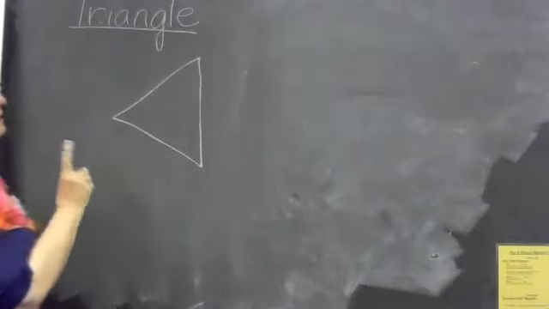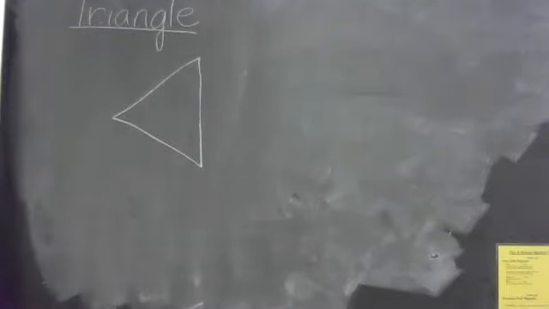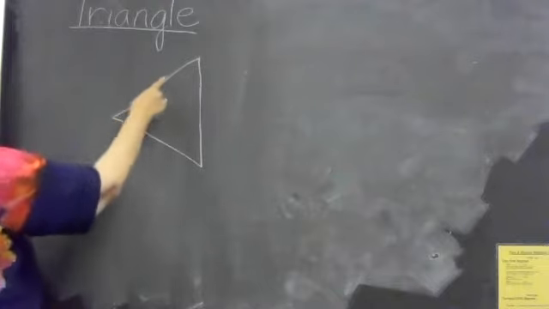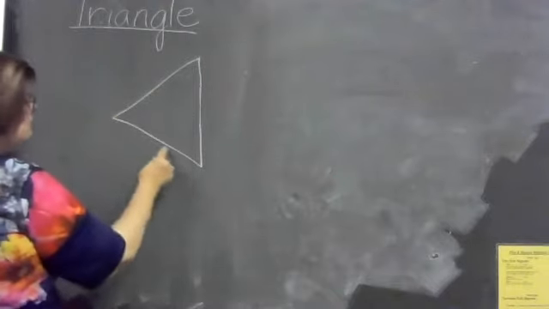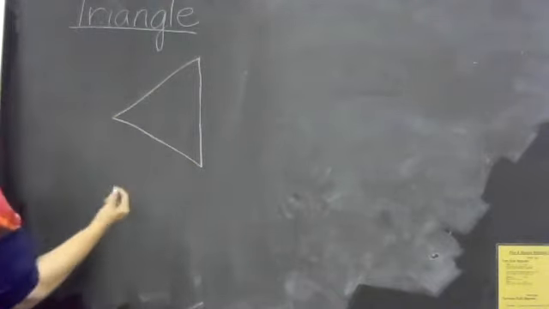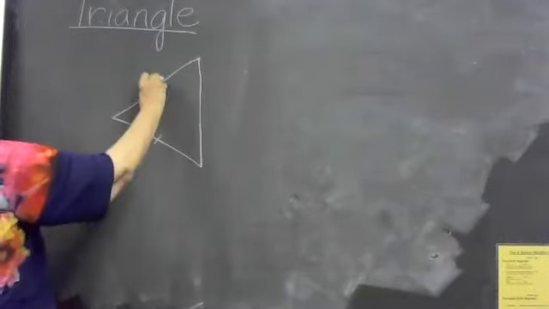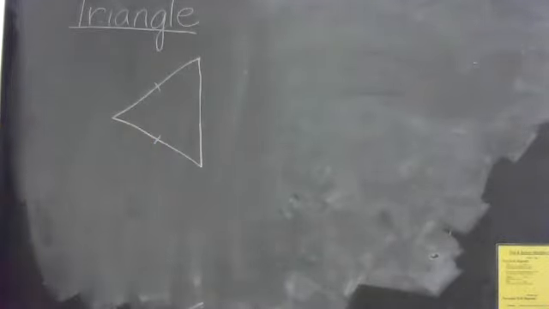Now we're going to indicate equal sides by using tick marks. Okay, so if I wanted to say that the length of this side and the length of this side are the same measurement, 13 and 13 or whatever, then I'm going to use the same tick mark on those.